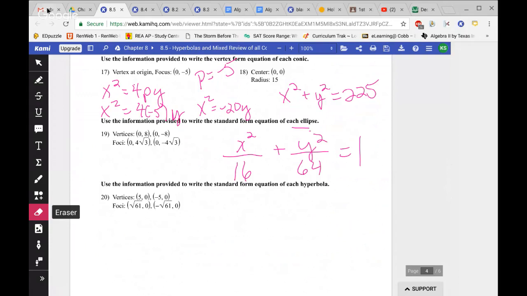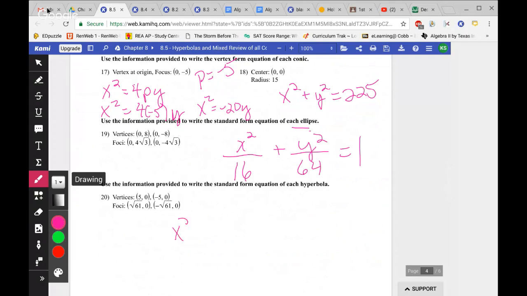On this last one, it's a hyperbola. So you've got the vertex, which in this case is in the x squared. So this is where position matters. The vertex is 5, 0, so that's going to tell us the x is going to go first. So that's 25.